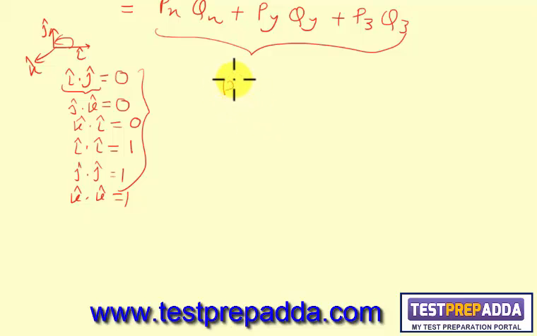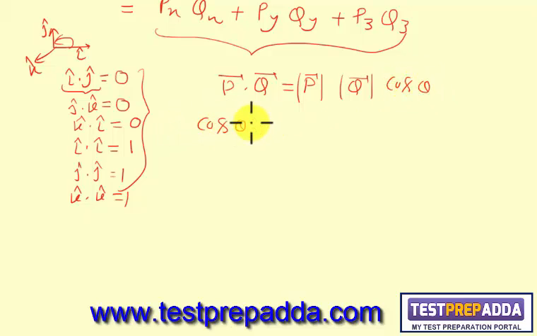We know P dot Q is equal to modulus of P modulus of Q cos theta. So to find the angle, cos theta will become P dot Q upon modulus of P modulus of Q. Substitute values.